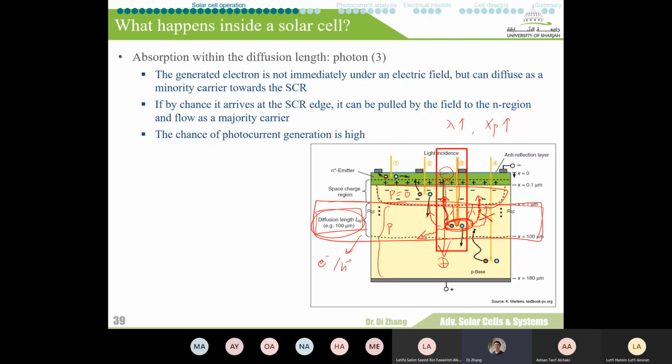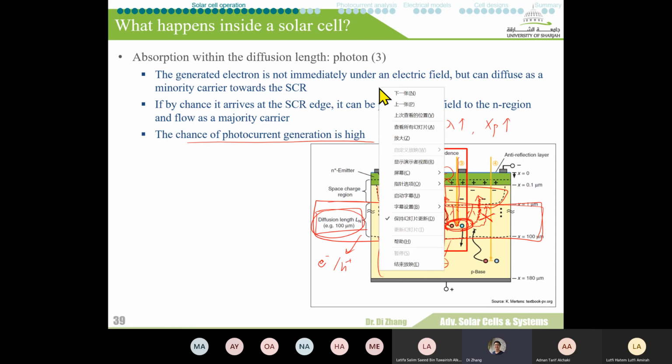The probability typically is quite high because the absorption takes place within the diffusion length, so on average we can expect electricity to be generated from here.